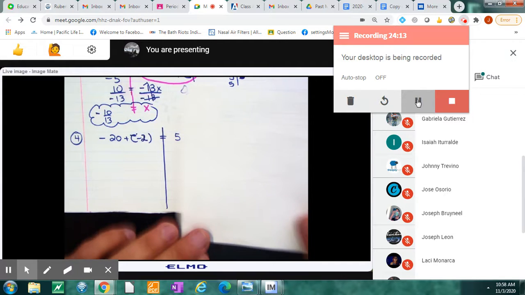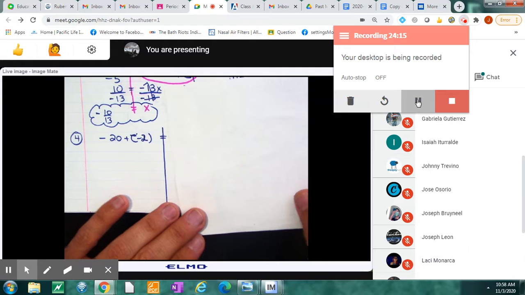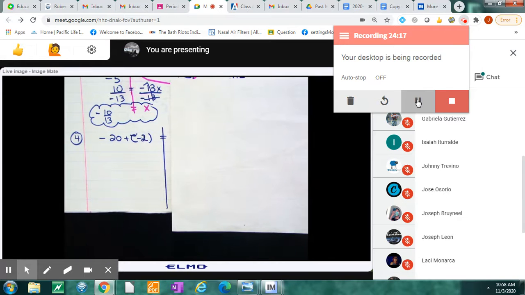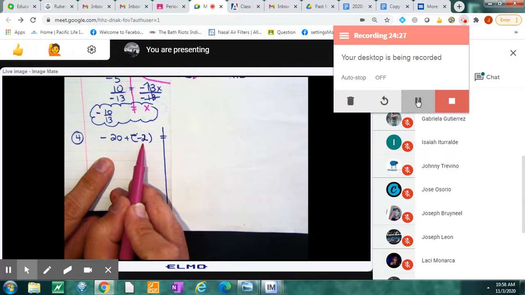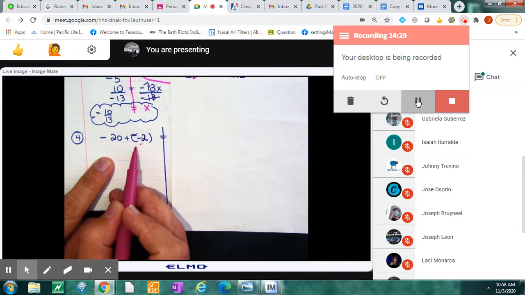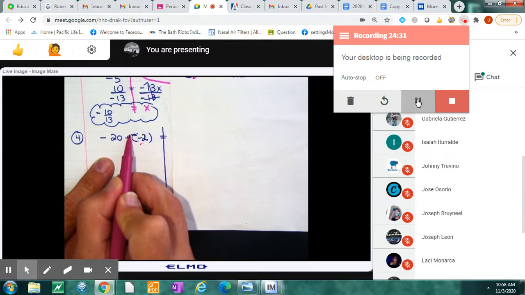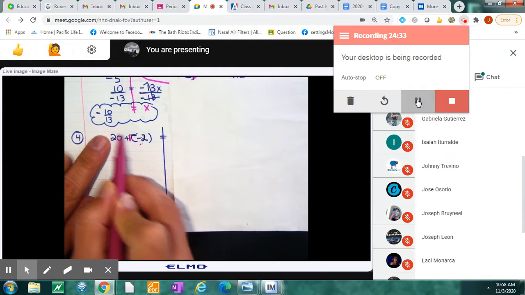So let's cover one side. Let's cover this side. All right, here we go. So we got negative 2 plus negative 20 plus a negative 2, right? So I could put a 1 right here, right? Do I multiply these two?